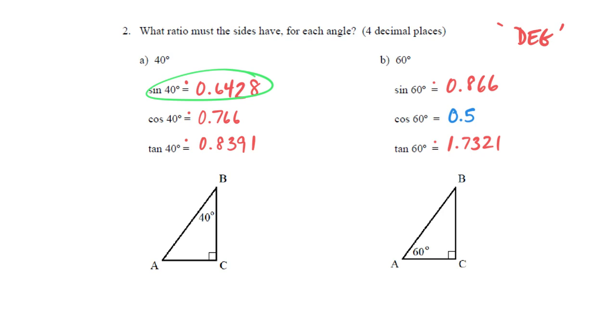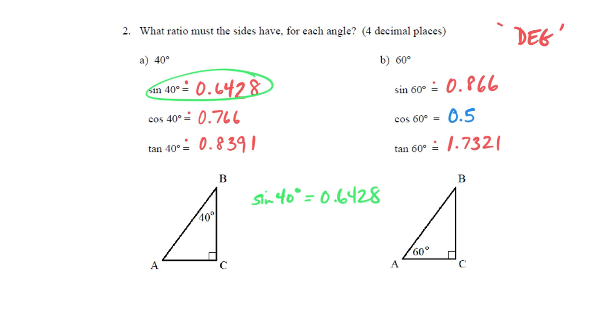When I calculated the sine of 40 degrees, I got 0.6428. That was a decimal. Well, numbers can take other forms. They don't just have to be decimals. I could change my decimal into a percent, let's say.